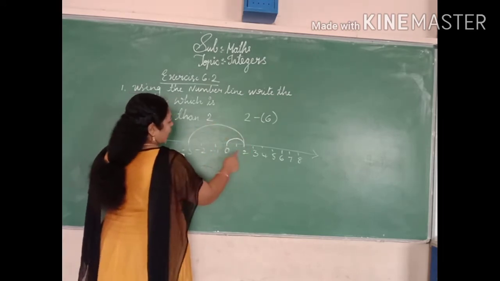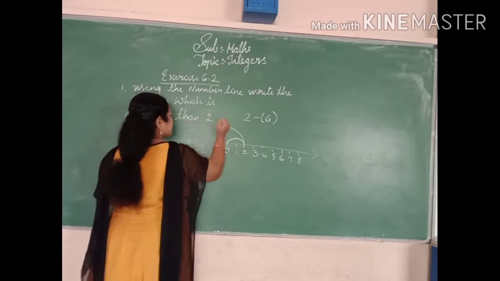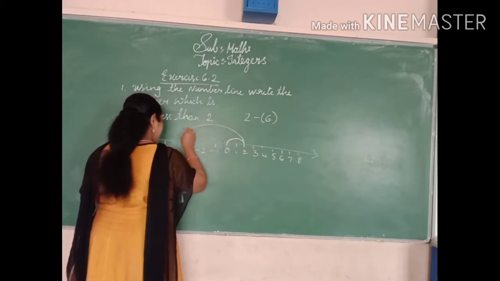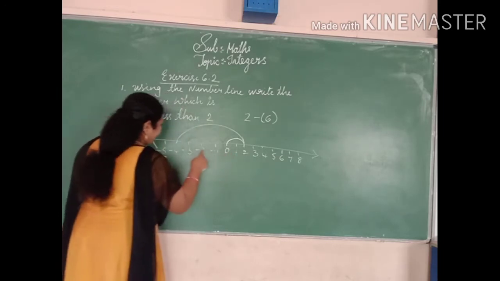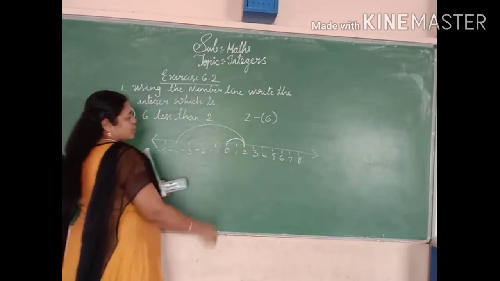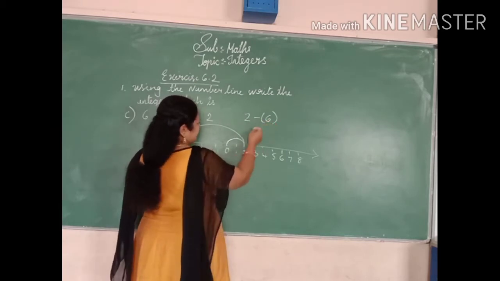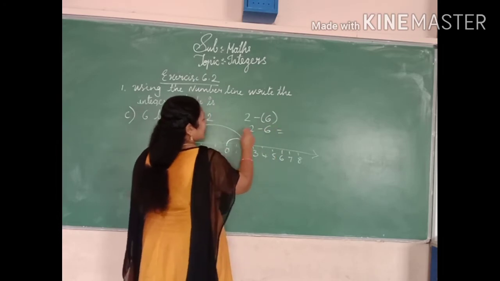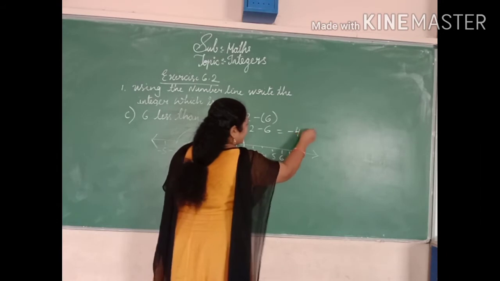So 6 less than 2 becomes 2 minus 6. So minus plus is minus. Therefore it is minus 4.